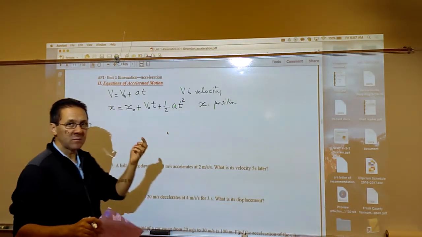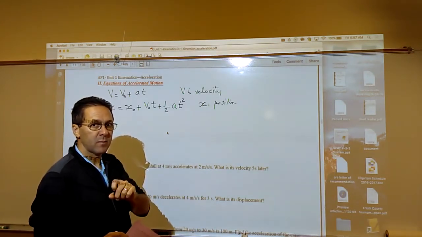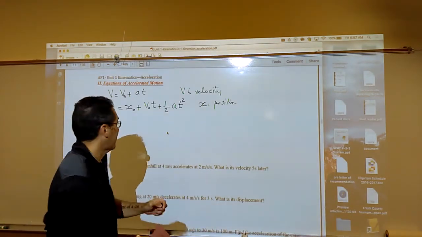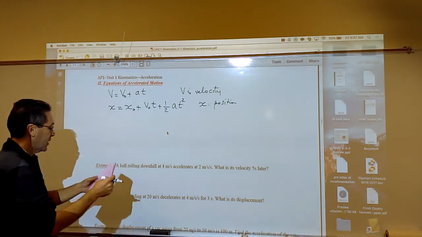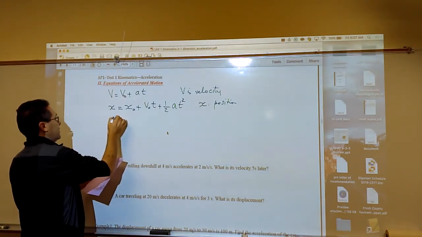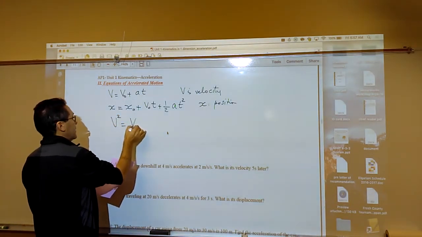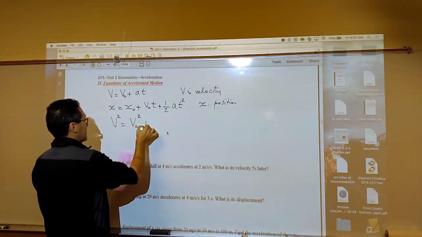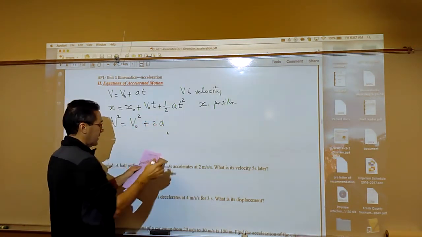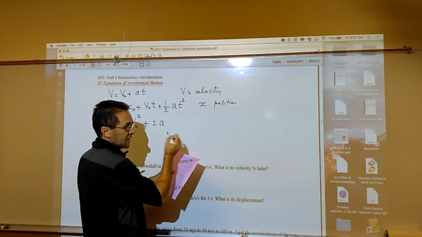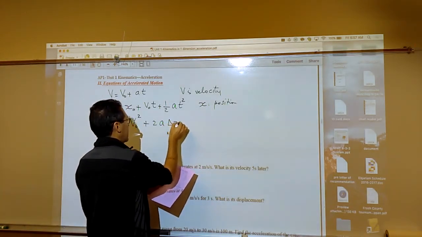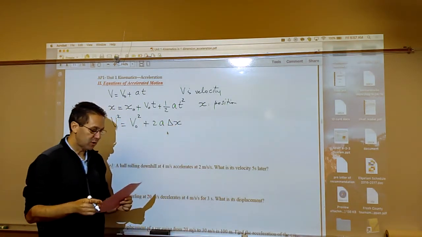And a lot of times the displacement is the same as the distance traveled, but not always. The next one is v squared equals initial velocity squared plus 2a, and that x minus x0, I'm just going to write that as the change in position, which is displacement.